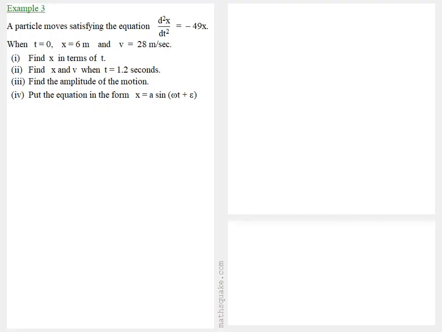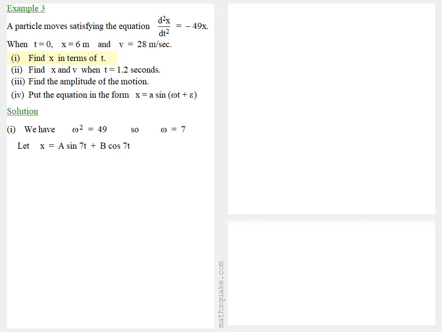Example 3. A particle moves satisfying the equation d2x by dt squared is equal to minus 49x. When t is 0, x is equal to 6 meters and v is equal to 28 meters per second. In part 1 we're asked to find x in terms of t. Well, to solve this we have omega squared is 49, and so omega is equal to 7.